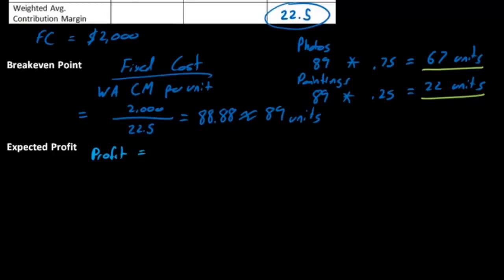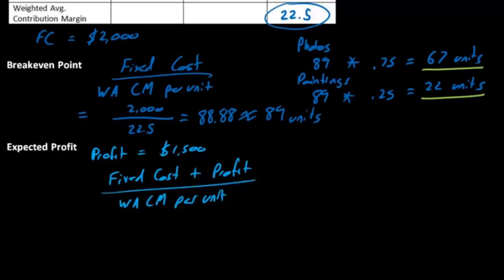Alright, if you want to find out our expected profit, let's say we'd like to earn a $1,500 profit. So we would like to have a profit equal to 1,500, or we can use our weighted average contribution margin for this as well. We just take the fixed cost plus the profit that we'd like to earn, which in this case is 1,500, and divide it by our weighted average contribution margin per unit.